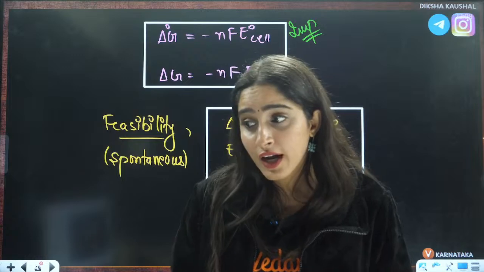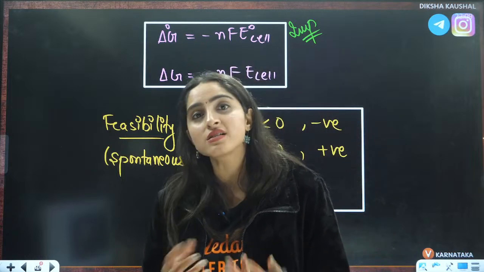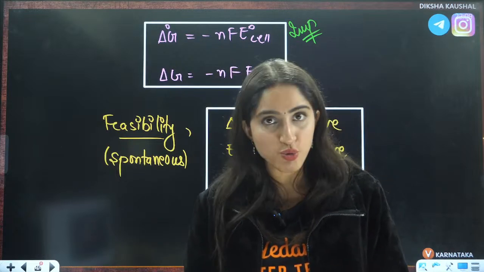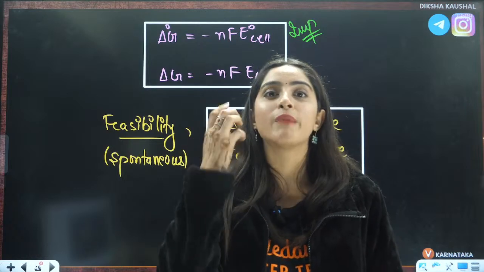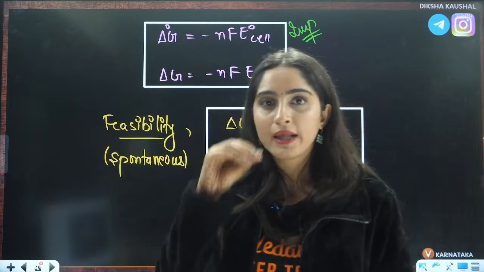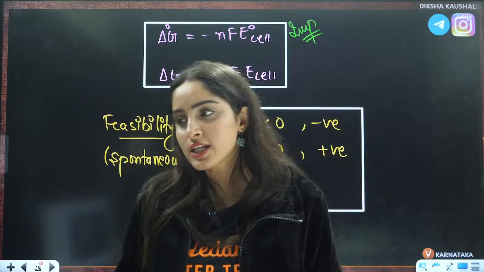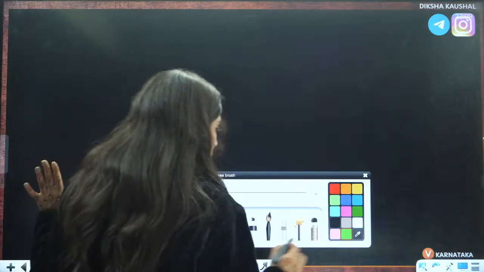So that is a spontaneous process. Most of the natural processes are spontaneous only, like blinking of eyes. We don't tell our mind to blink. It is a very natural process, it will occur by itself, right?